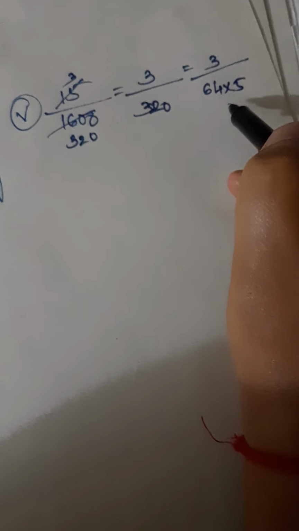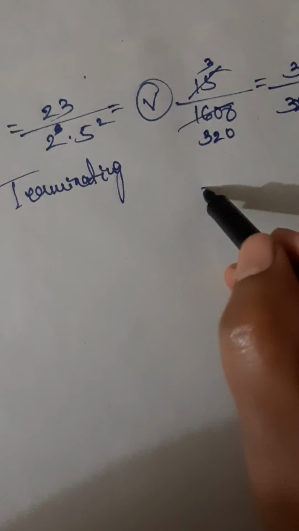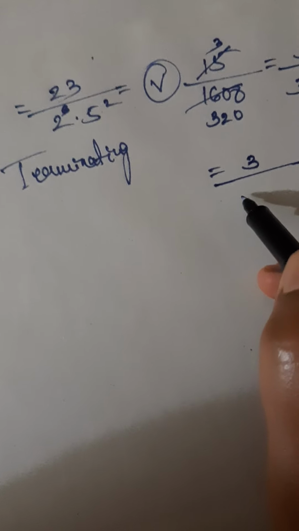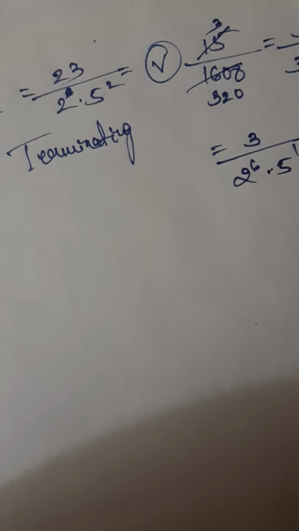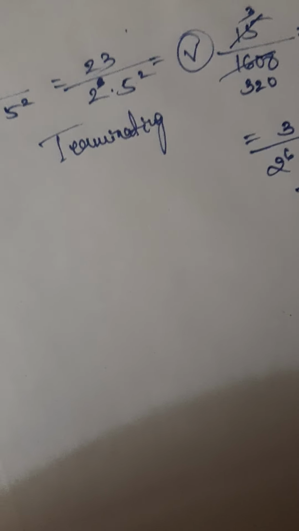Once you do the multiplication, you can understand. 64 is 2 to the power 6, so 3 by 2 to the power 6 into 5 to the power 1. Again it is of the form 2 to the power a and 5 to the power b, so it is obviously terminating.